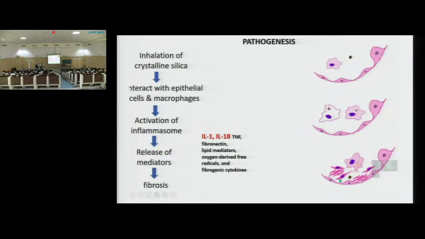These reactive oxygen species directly damage the epithelial cells, and that leads to fibrogenesis and areas of fibrosis developing at the normal alveolar spaces or at the level of the respiratory bronchiole also. So remember these factors, interleukin 1 and interleukin 18. In silicosis, they result in the formation of fibrosis.